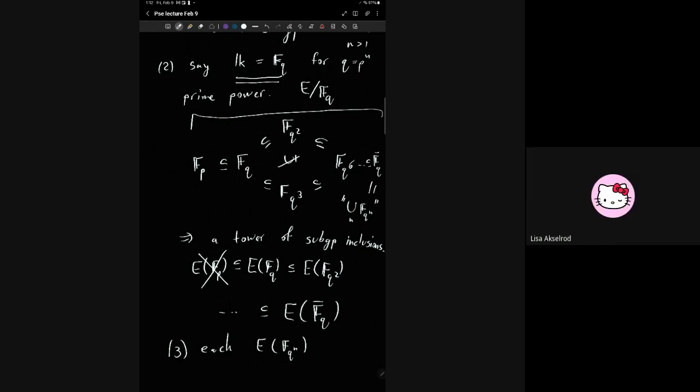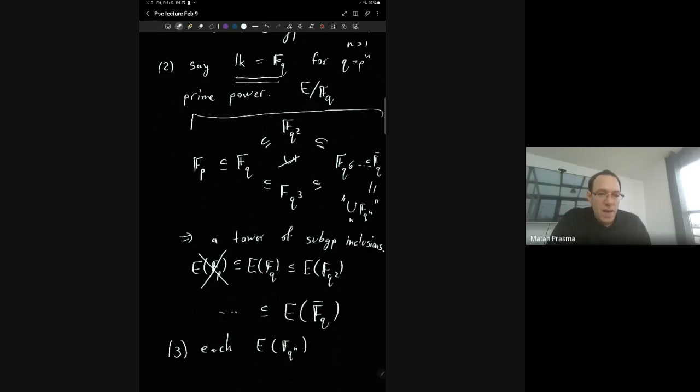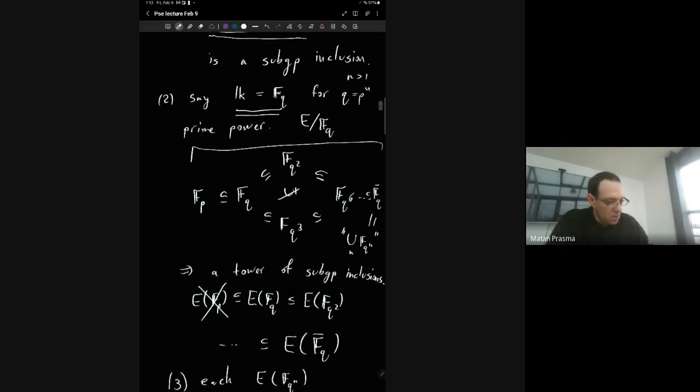Sorry? Because of Q will be minimal? Because, I mean, FQ, let's say n is bigger than 1, so Q is P to some actual power. It's not just P. Then when I say that I have an elliptic curve defined over FQ, it means that the coefficients of the equation A and B are in FQ.